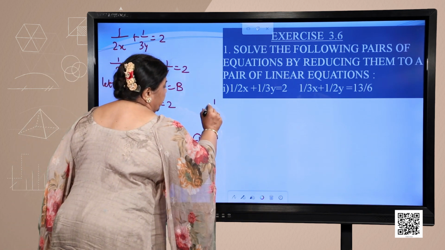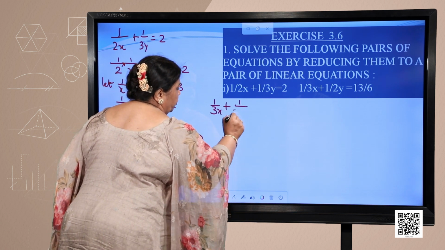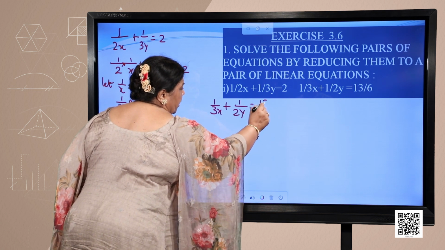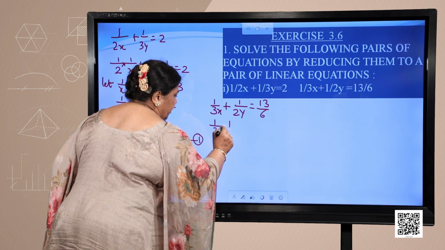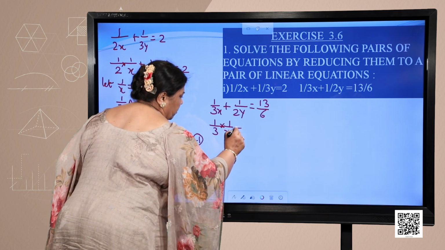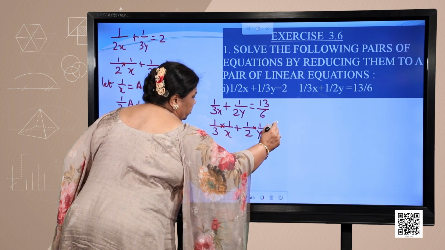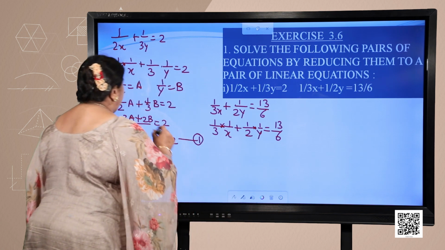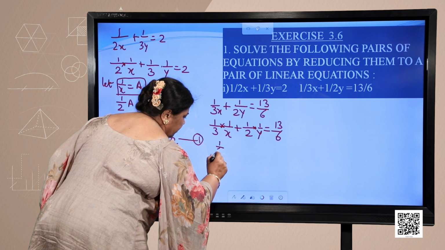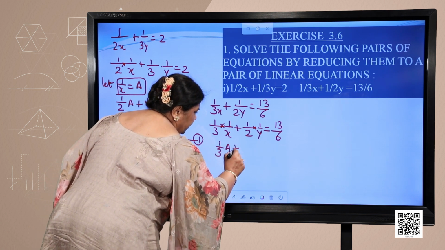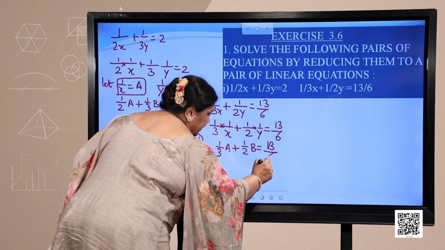Now, likewise, we have 1 upon 3x plus 1 upon 2y is equal to 13 upon 6. Again, just see, can we write this as 1 upon 3 into 1 upon x plus 1 upon 2 into 1 upon y is equal to 13 upon 6? We had taken 1 upon x as a, so I can write this as 1 upon 3 a plus 1 upon 2 b is equal to 13 upon 6.